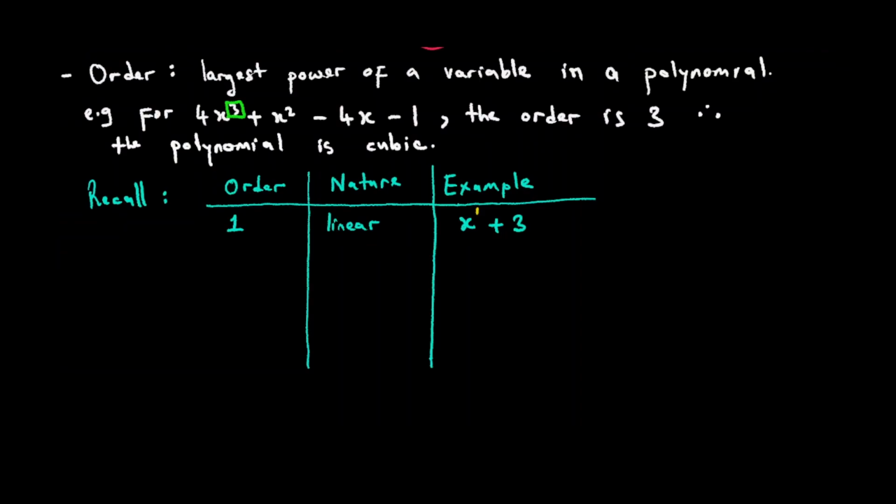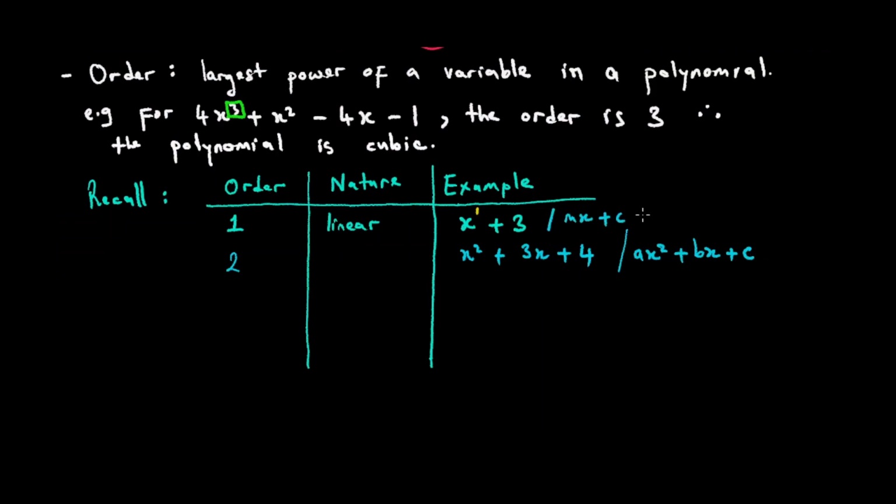Let us move on. Say we have the order 2. An example here would be x squared plus maybe 3x plus 4. A more general example is basically ax squared plus bx plus c. A general example for the linear case would be mx plus c.